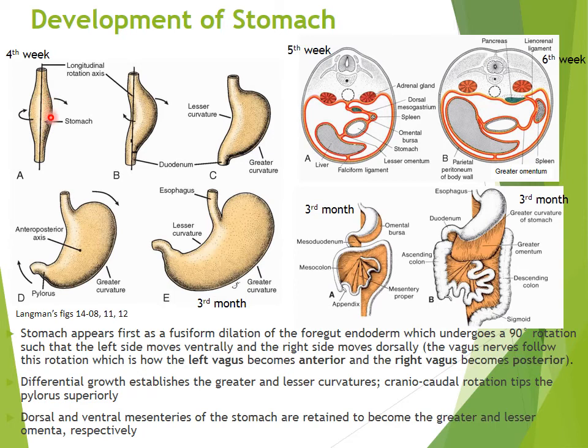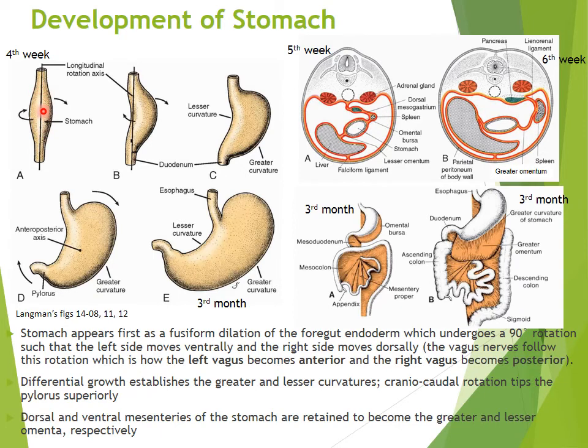Initially there is a fusiform dilatation, that bulge, known as the primordium of the stomach, and it has a ventral surface and a dorsal surface. The dorsal surface grows faster as compared to the ventral surface, and it shows rotation along the longitudinal axis, that is a 90-degree clockwise rotation.